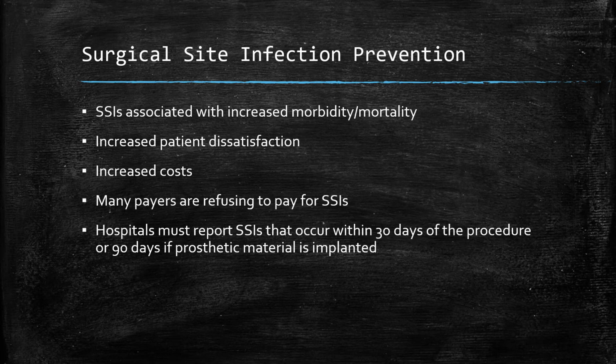Surgical site infections increase cost to the healthcare system, and in the United States, many payers are refusing to pay doctors and hospitals for the treatment of wound infections. This is under the theory that these are entirely preventable complications. In the U.S., hospitals must report surgical site infections that occur within 30 days of the procedure or within 90 days if a prosthetic material has been implanted.